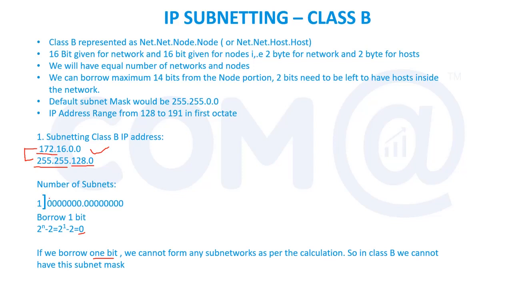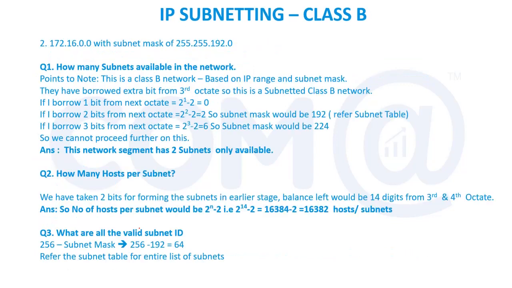Since you are borrowing only one bit, the subnet mask is 128 as per the subnet table. That is correct, but I cannot form a number of subnets. Nothing is possible to create a network here. It is not usable, so we'll have to go for the next level.